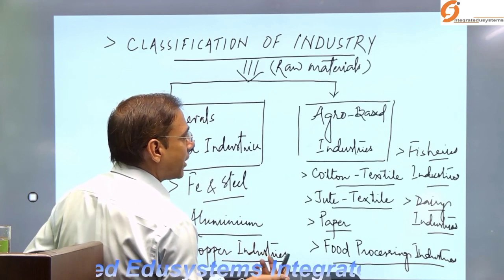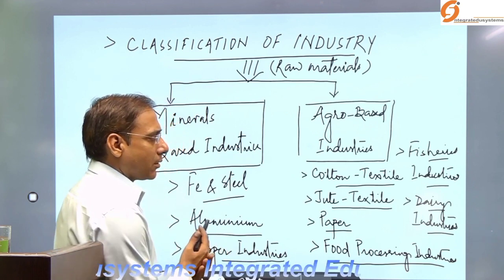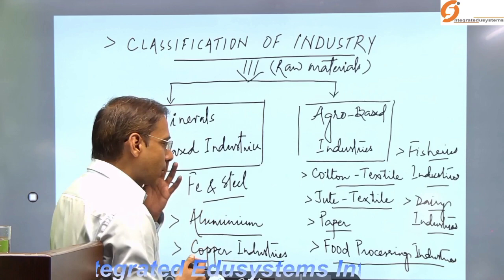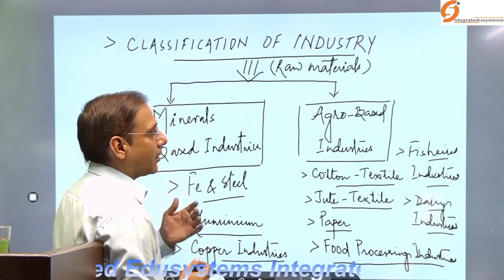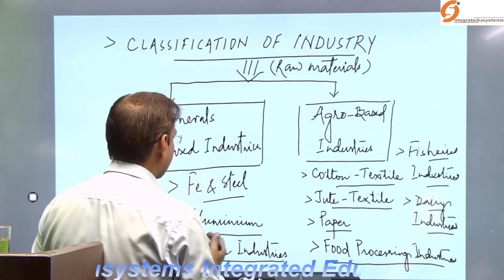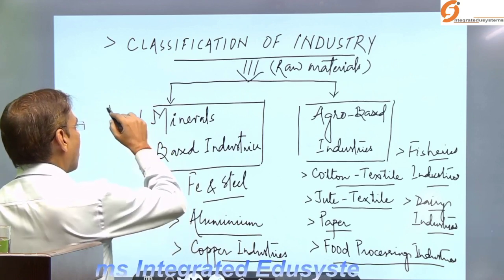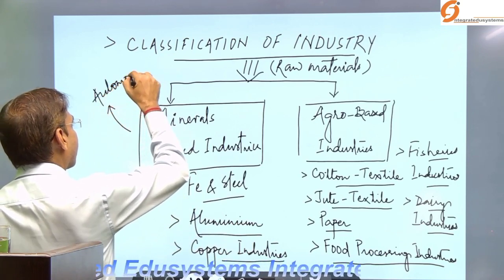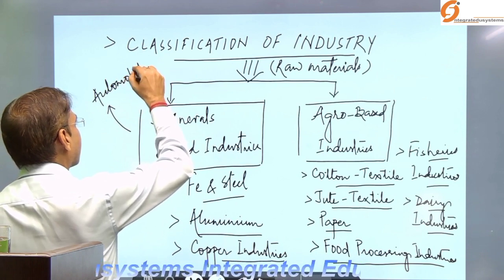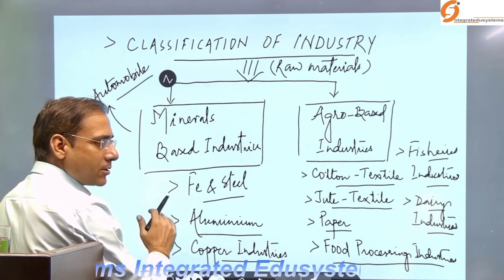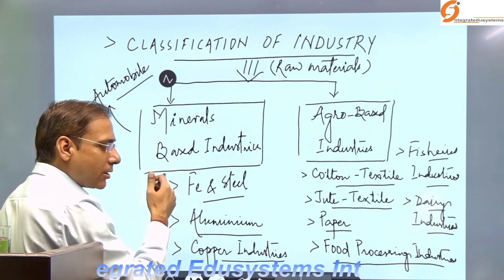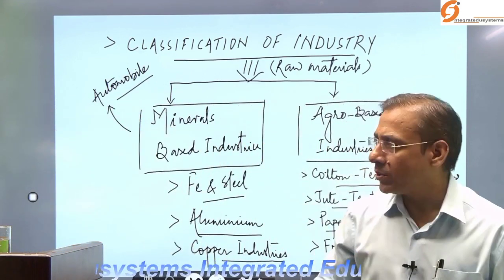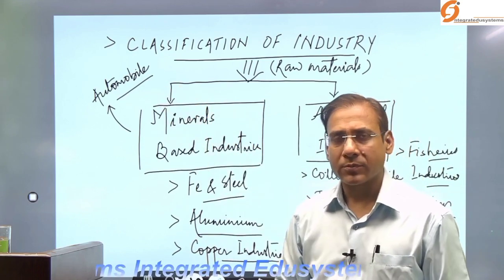In this modern time, as you know, certain industries which need the minerals also, the raw materials is the mineral, like automobile. As the urbanization increases and grows, the demand for the automobile sector also grows. Okay.